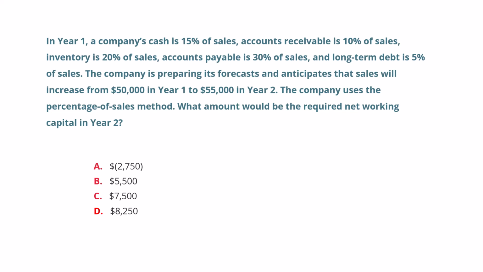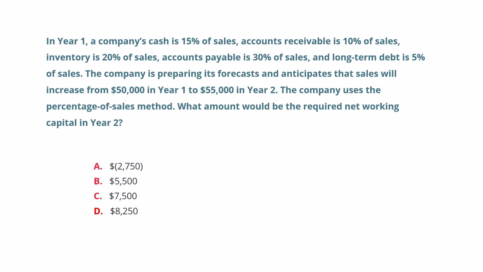Basically the company's net working capital is 15% of sales. Cash is 15% of sales, accounts receivable 10%, and inventory 20% of sales.